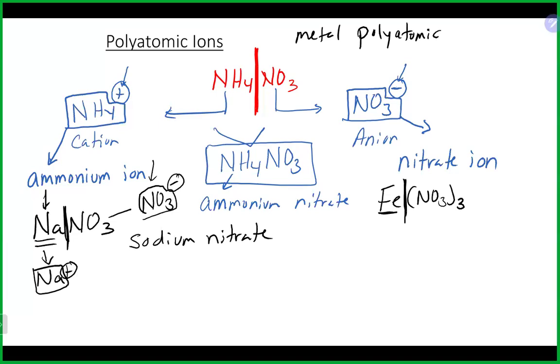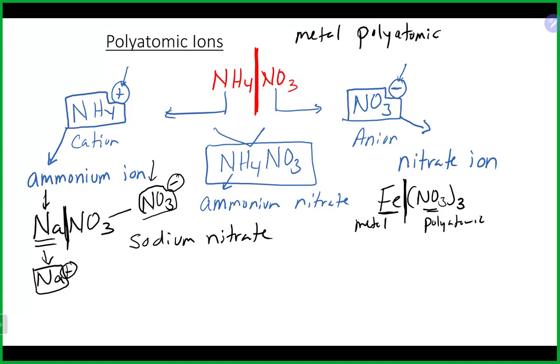We would look at this. This is a metal. This is our polyatomic ion. And again, the metal is always the most important thing. So when we see the metal, we see, again, iron's in the transition metal region, which means it's a type 2. That should trigger that you need a Roman numeral.